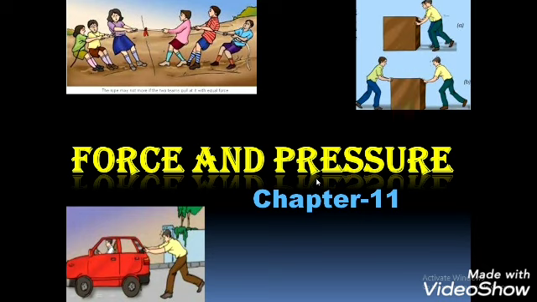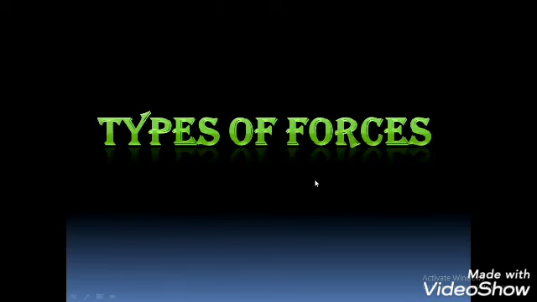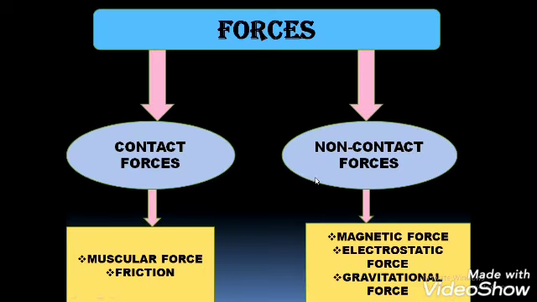So, we want to discuss the types of force. What are the types of force? There are two types, contact forces and non-contact forces. In your chapter, there are some examples for contact forces and non-contact forces.